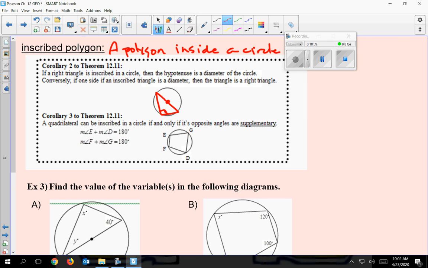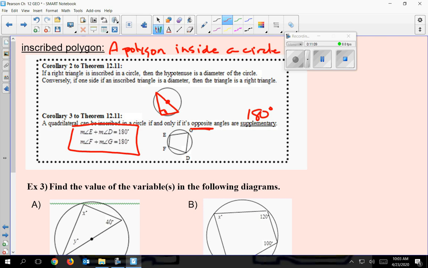This next corollary: a quadrilateral, a four-sided figure, can be inscribed in a circle if and only if, oh my gosh, that's from a long time ago, its opposite angles are supplementary. So remember, supplementary is two angles that add up to 180 degrees. In this case, another important term is opposite. So they give you the supplementary angles theorem over here.